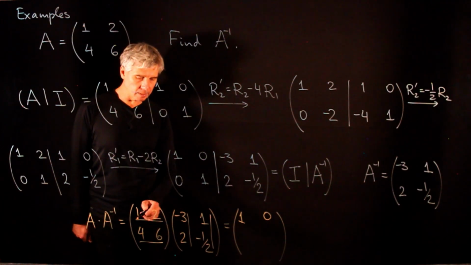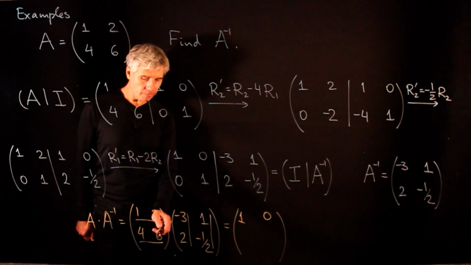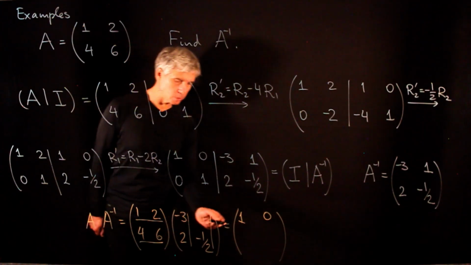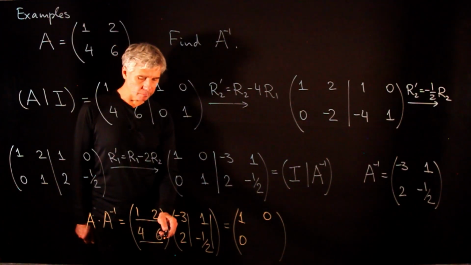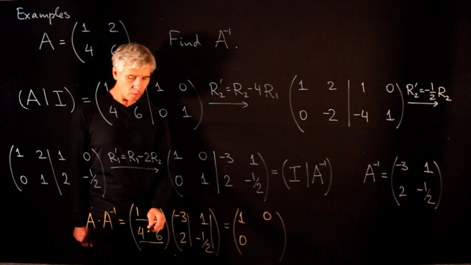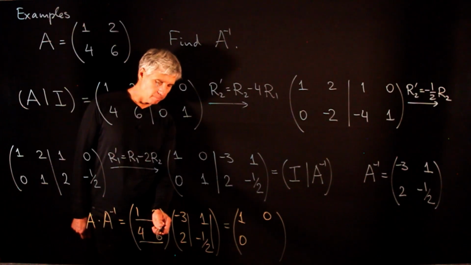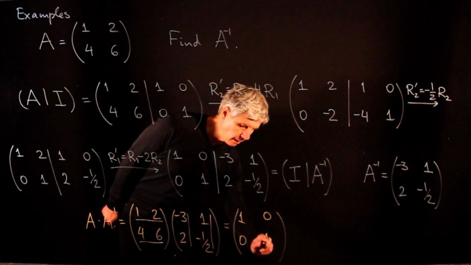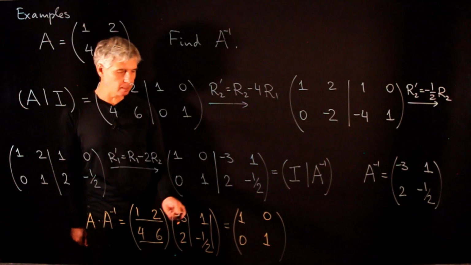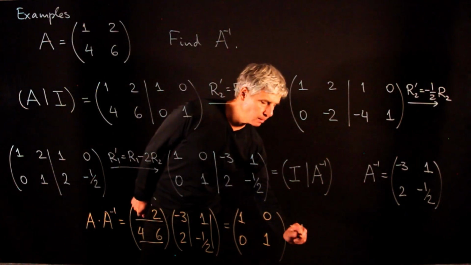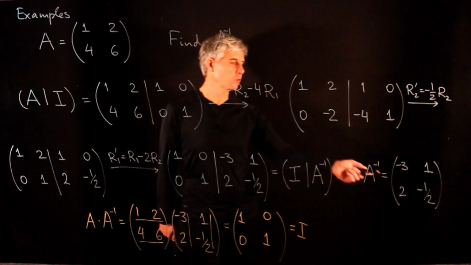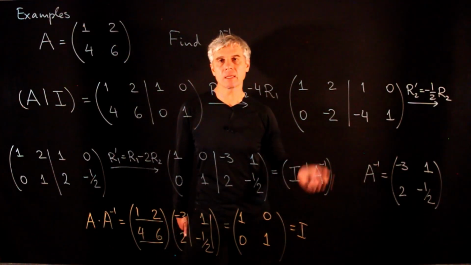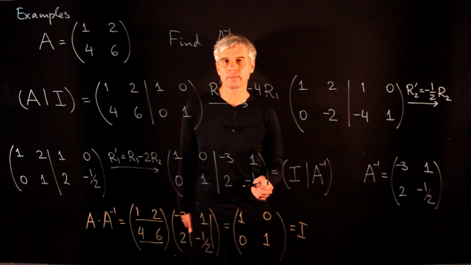So 4 times -3, that's -12. 6 times 2, that's +12. So we get 0. And finally, the dot product of the second row with the second column is 4 minus 3. That's 1. And so what we see is that indeed the result is the identity matrix. And this confirms that we did not make any arithmetic mistakes when carrying out this computation.